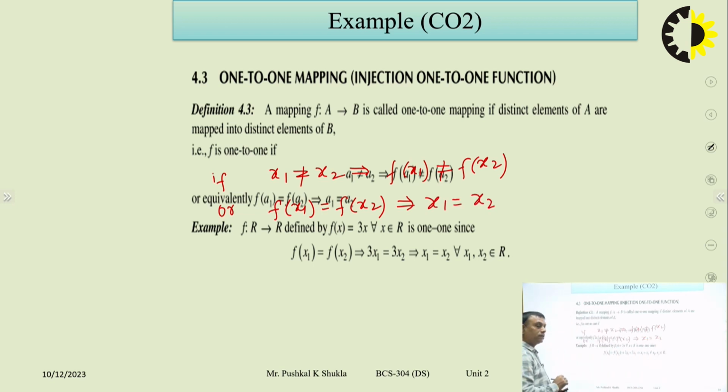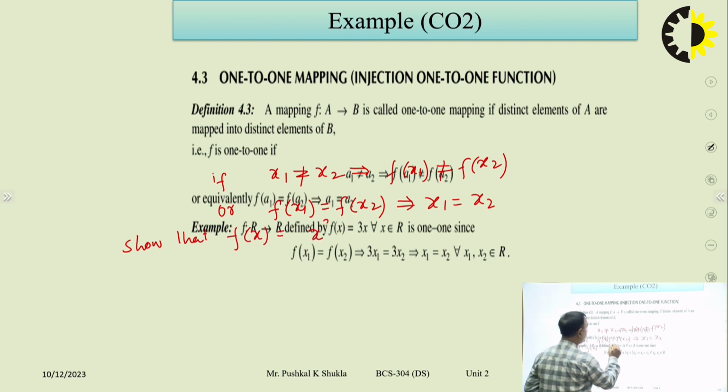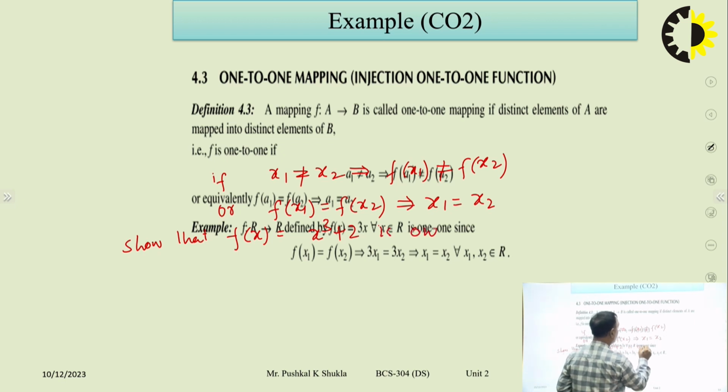This question may be asked many times. It was asked in the AKGEC examination: show that f(x) equal to x cube plus 2 is one-one.